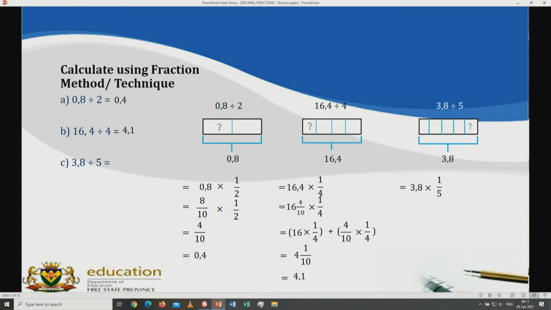Then let us go to this one. We have 3,8 multiplied by 1/5. Again, it's going to be a mixed number, which is 3 and 8 tenths multiplied by 1/5. Just like the previous one, we are going to multiply 3 by 1/5 and then 8 tenths also by 1/5.